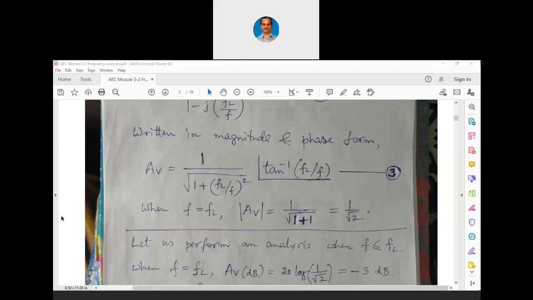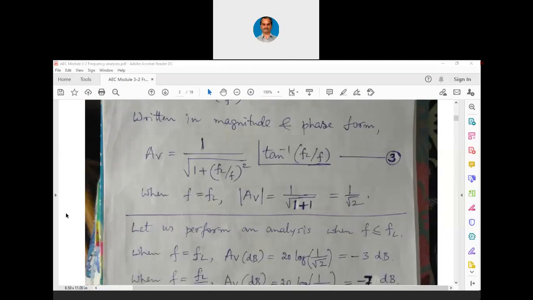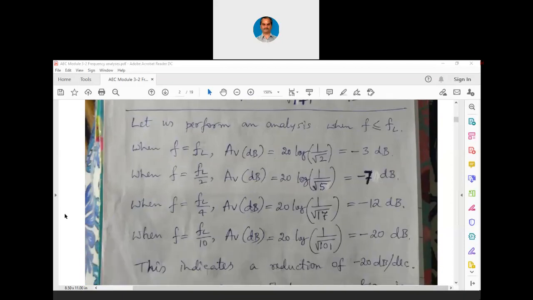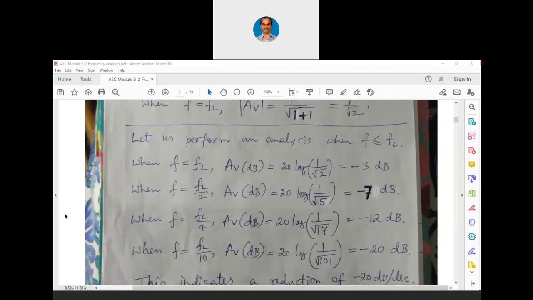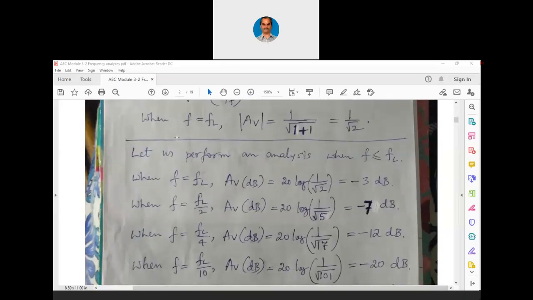Now, let us perform the analysis when F is less than or equal to FL. I'm just going to show you all of them now. Okay. When F equals FL, we have the voltage gain is 1 over root 2. Let us go down now. F is less than or equal to FL.